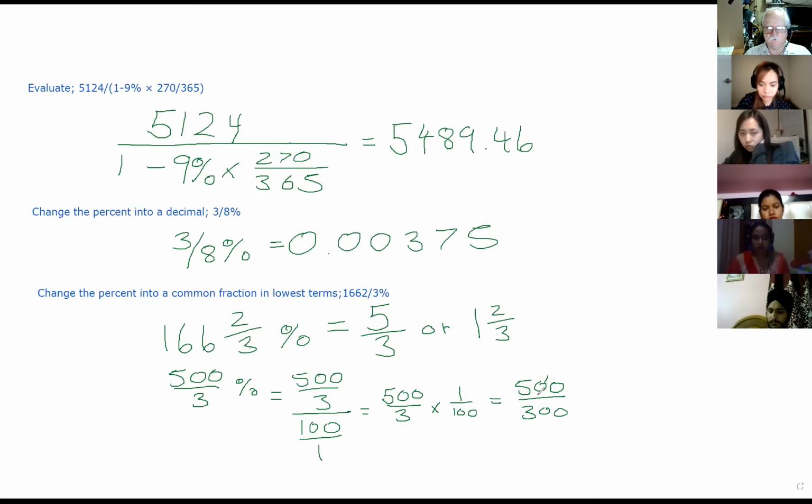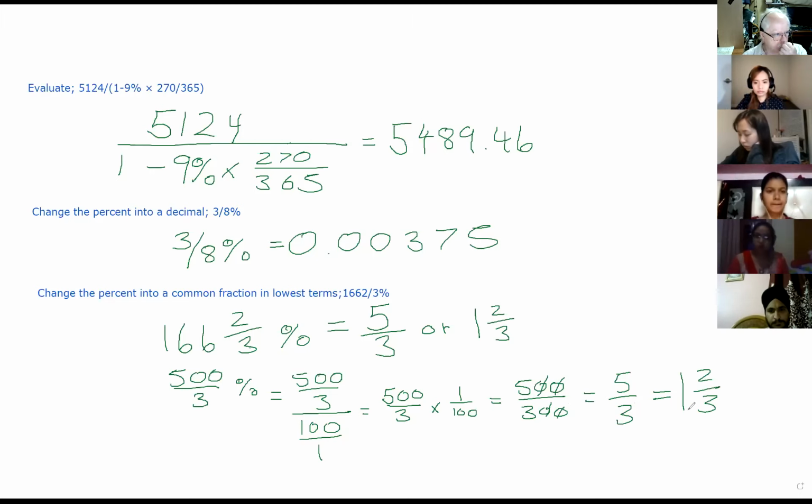But we can simplify it to 5 over 3. And mathematicians don't like improper fractions. So this is really 1 2/3. I know that looks like a weird process, but that's what they would be expecting you to do if they wanted you to change it into a common fraction.